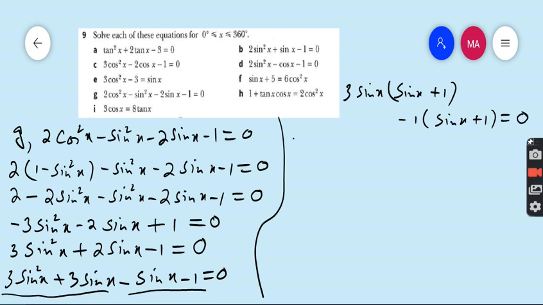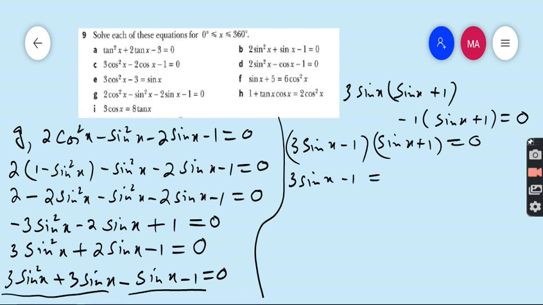Now 3 sin x minus 1 and sin x plus 1 is equal to 0. 3 sin x minus 1 is equal to 0. Sin x plus 1 is equal to 0.